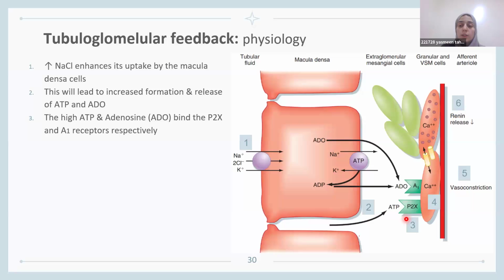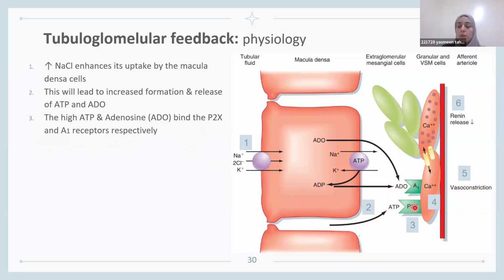So they will bind first on the smooth muscle cell on these two receptors. So the ATP will bind onto the P2X receptor, and the adenosine will bind to what we call A1 receptor. So again, these are a result of high sodium chloride. They are sending a signal to the afferent arteriole.